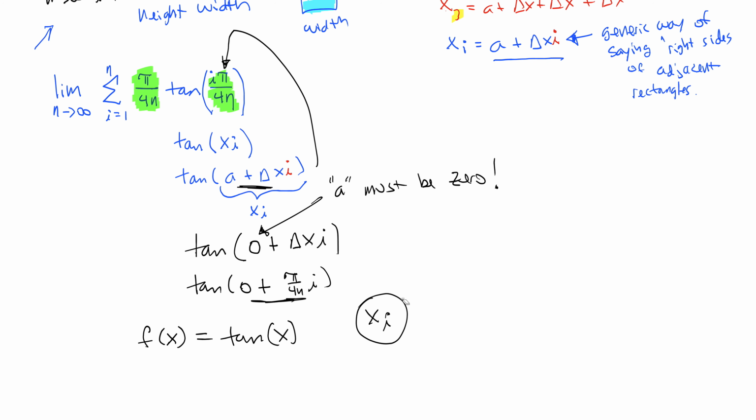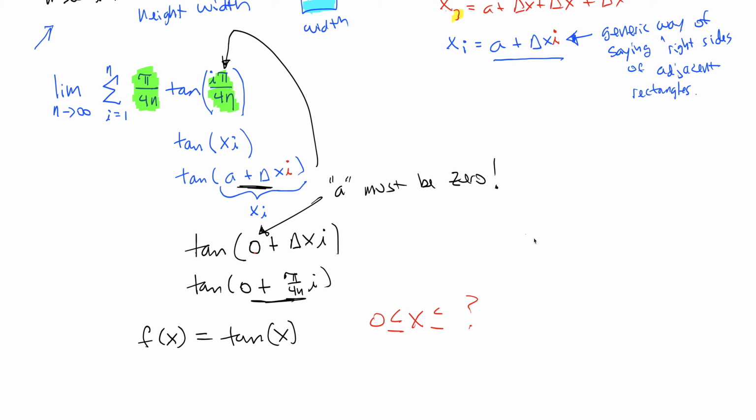Okay. So we have our function. All we need now is our boundary. But we know our lower boundary. It's 0. There it is. So we know that x has to go from 0 to something.